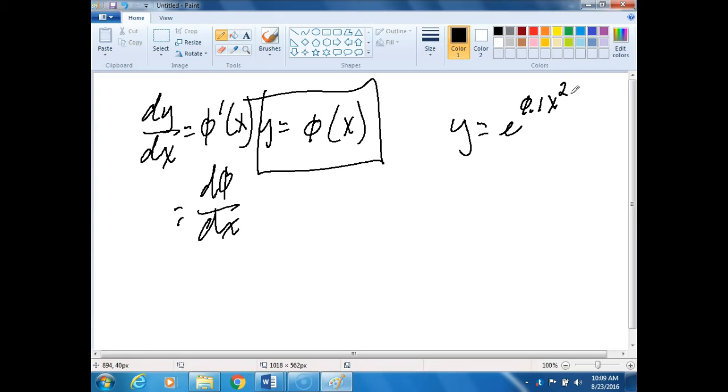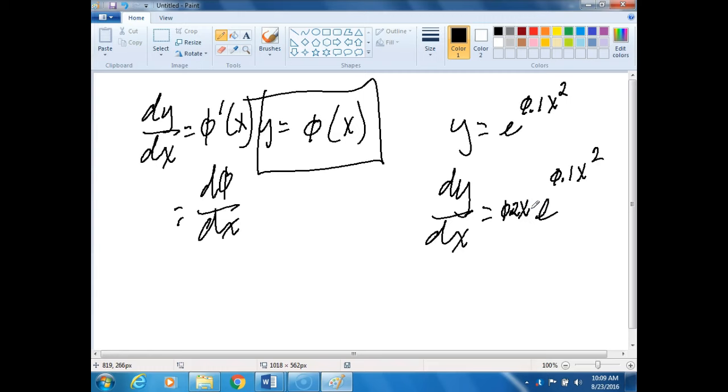Exponentials are differentiable functions. How would we differentiate that? What would be your dy/dx? Yes, e to the 0.1 x squared is in there. That's there. But what else is there? It would be 0.2x times that. We just used the chain rule, right?